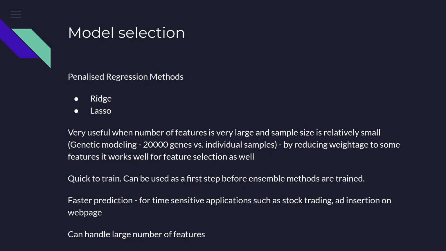Now, there are methods that ensure that no given feature is given a very high weight. During the training process itself, we penalize those algorithms where a very high weight would be given to one of the features.